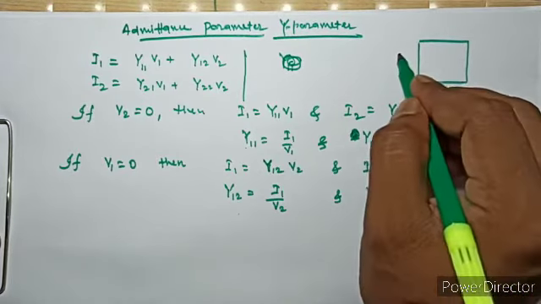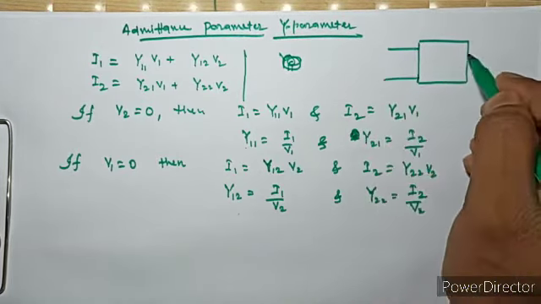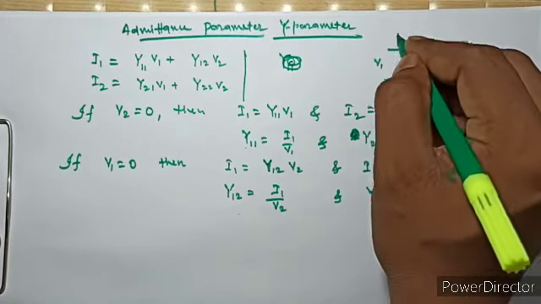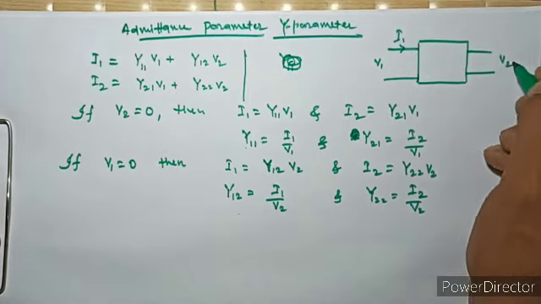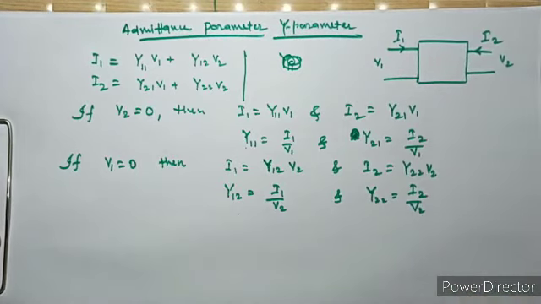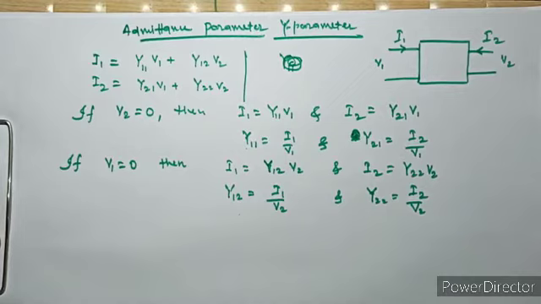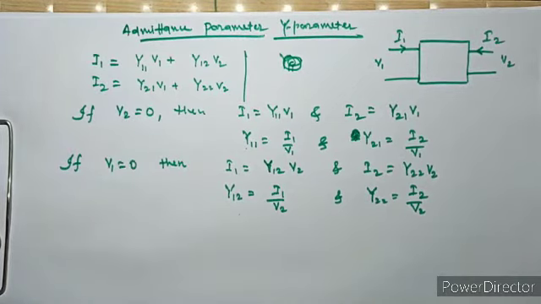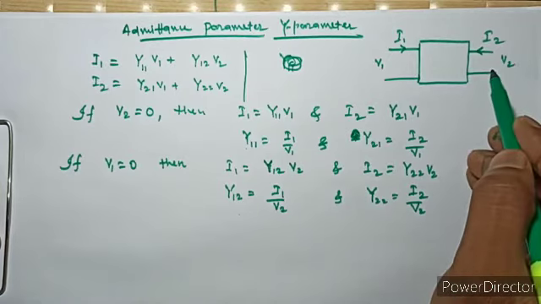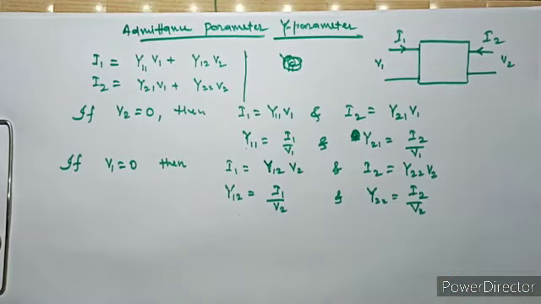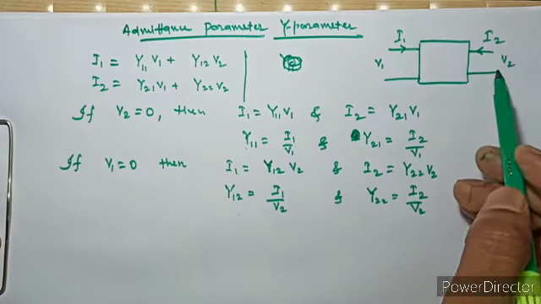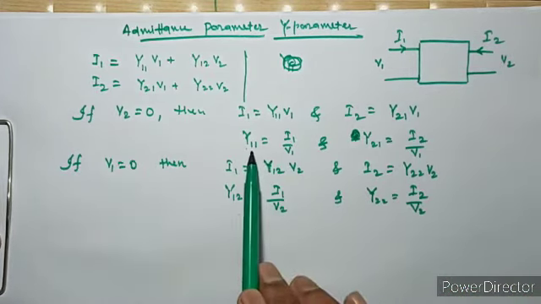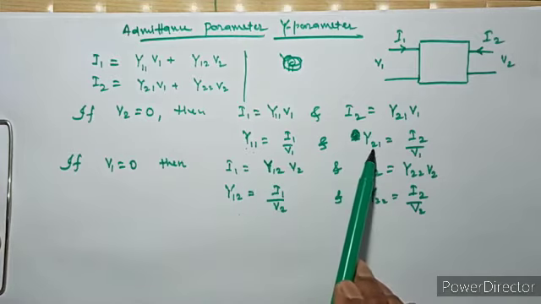Let's see, if I have a network and these are the ports, this is V1, this is I1, this is V2, and this is I2. To make V2 equal to 0, we have to short circuit this port, right? If I short circuit this port, V2 will be 0, and in that condition we get Y11 and Y21.